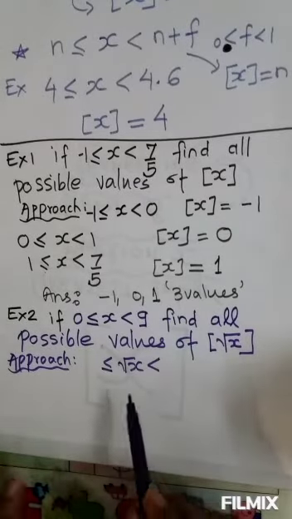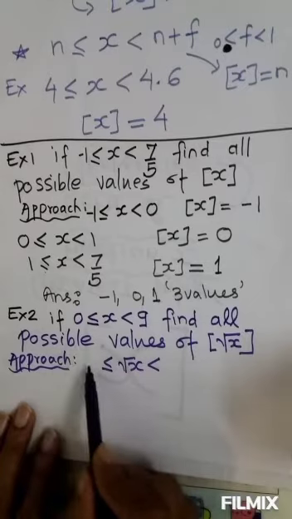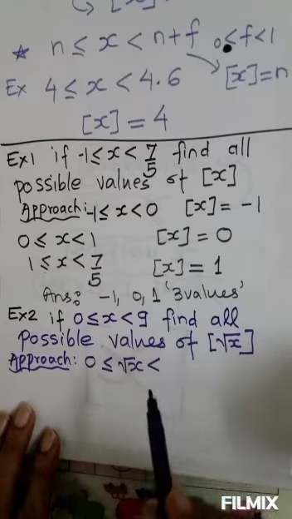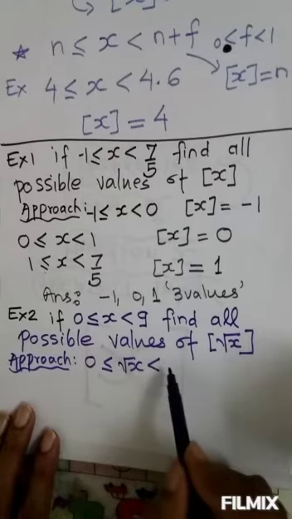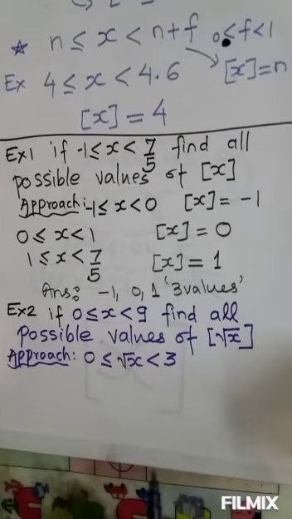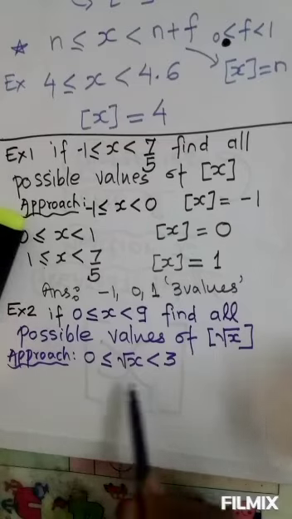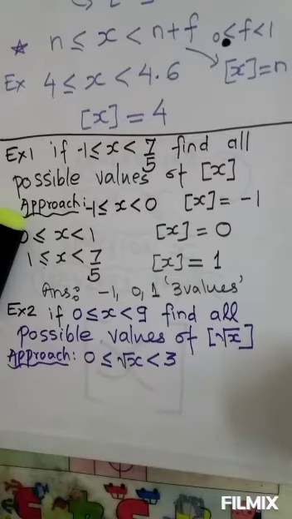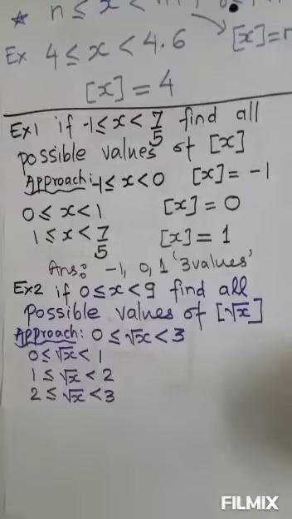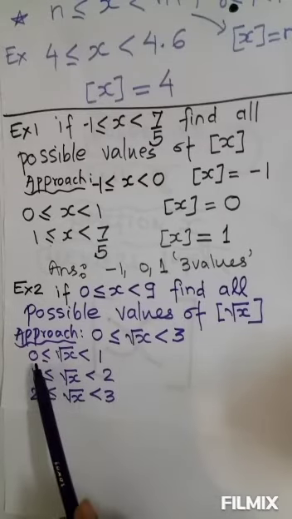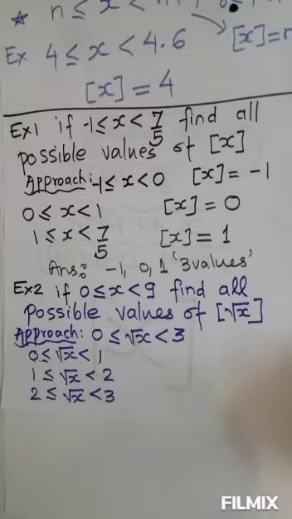So if you see, the square root of 0 is 0, and the square root of 9, the positive square root we always take, is 3. So the range of root x is from 0 to 3. Now we can split it into how many intervals? 0 to 3 can be divided into 3 intervals, integer to the next integer: 0 to 1, 1 to 2 with 1 included, and 2 to 3 with 2 included.